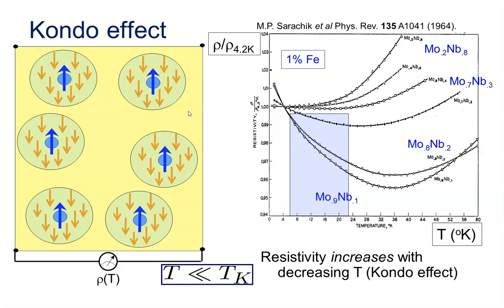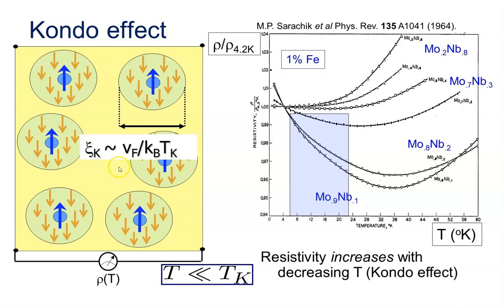And the typical size related to these scattering lengths, the so-called Kondo length, has to do with the inverse of the Kondo temperature. So the smaller the Kondo temperature, the larger is this characteristic scattering length. It's essentially the Fermi velocity divided by the characteristic Kondo energy.